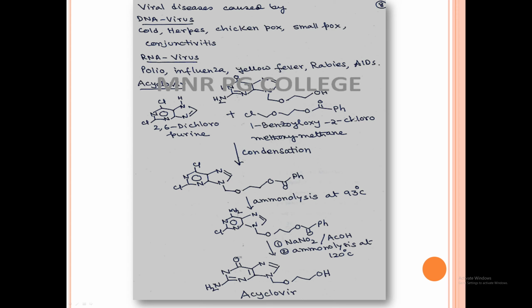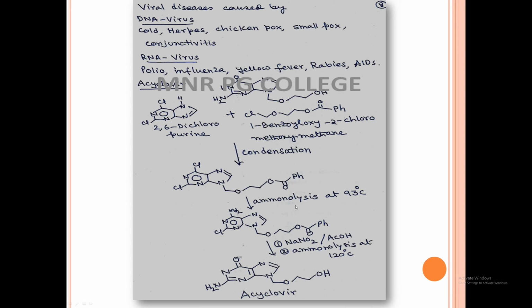In the 2 position there is chloromethoxymethane. If the compound undergoes the reaction, HCl will go, and this part will be attached to the five-membered ring on a nitrogen.